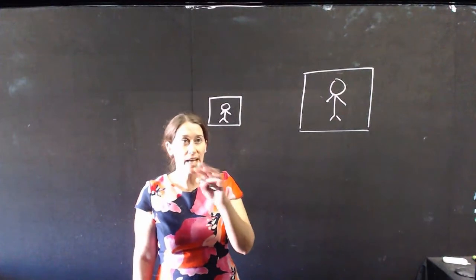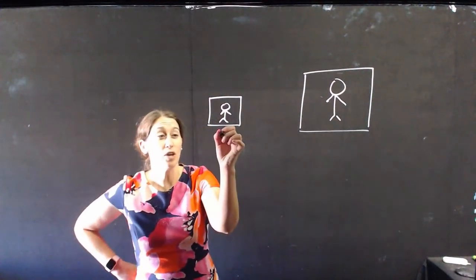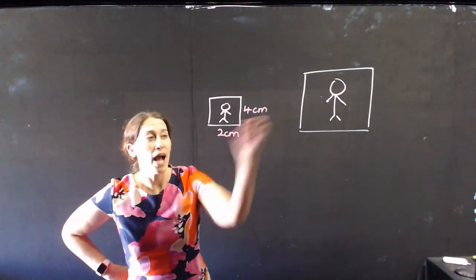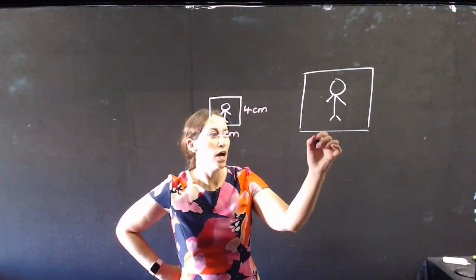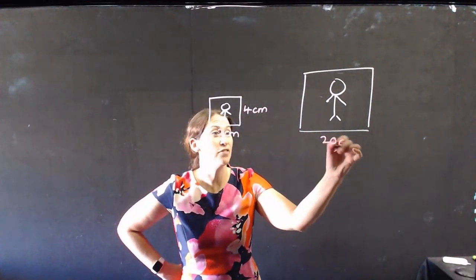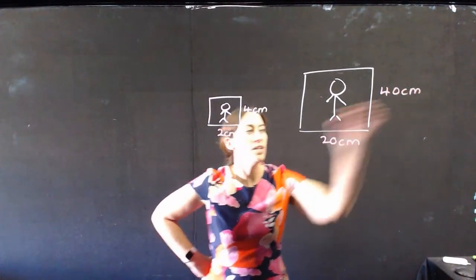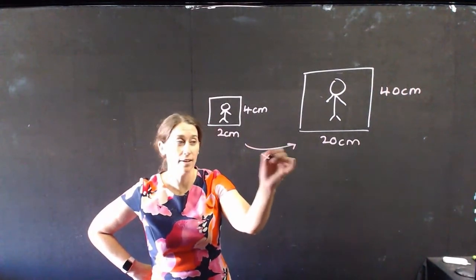So if we look at the same length here, I'm just going to give you an example of an enlargement. If the original is 2 centimeters by 4 centimeters, and the one that I choose to print is, I don't know, 20 centimeters by 40 centimeters, we can see that this has been blown up, so it's 10 times greater.